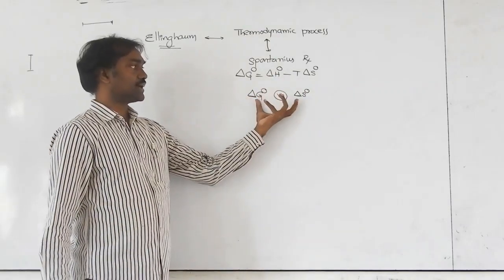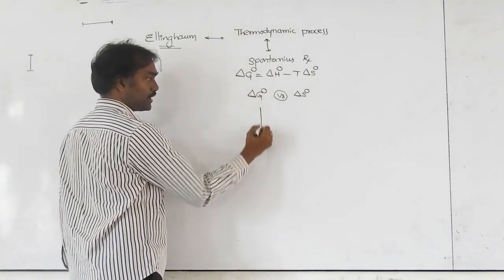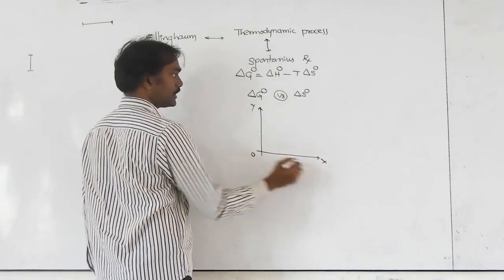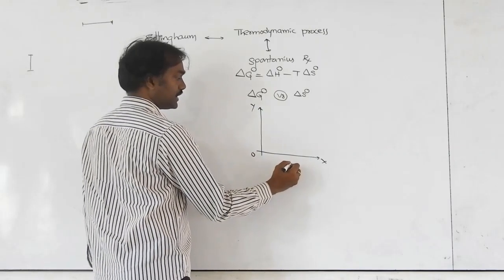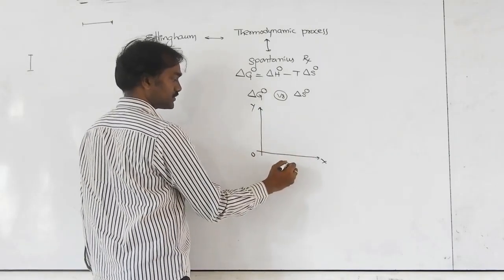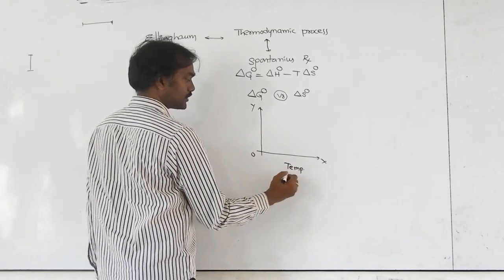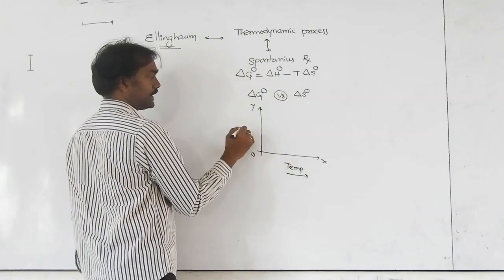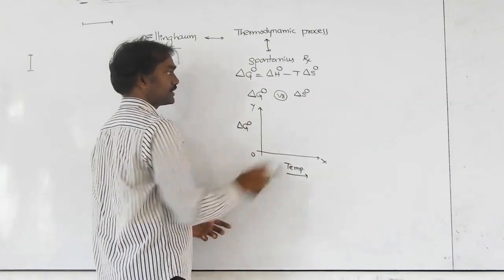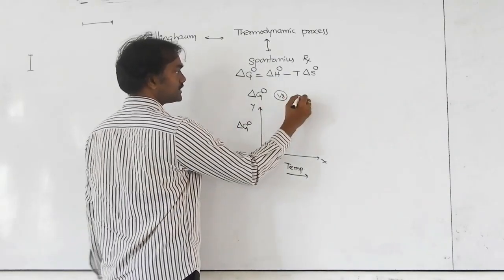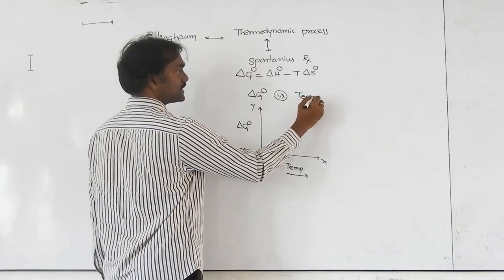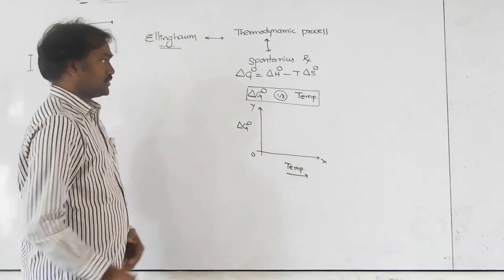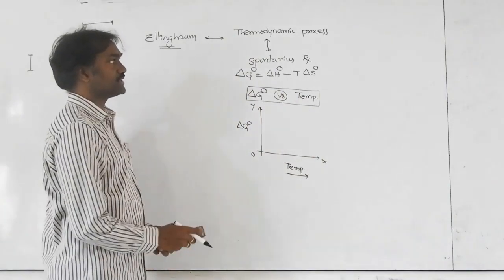In this graph, on the x-axis we take temperature, and on the y-axis delta G naught. Delta G naught versus temperature is the main graph. Here we will see different examples.